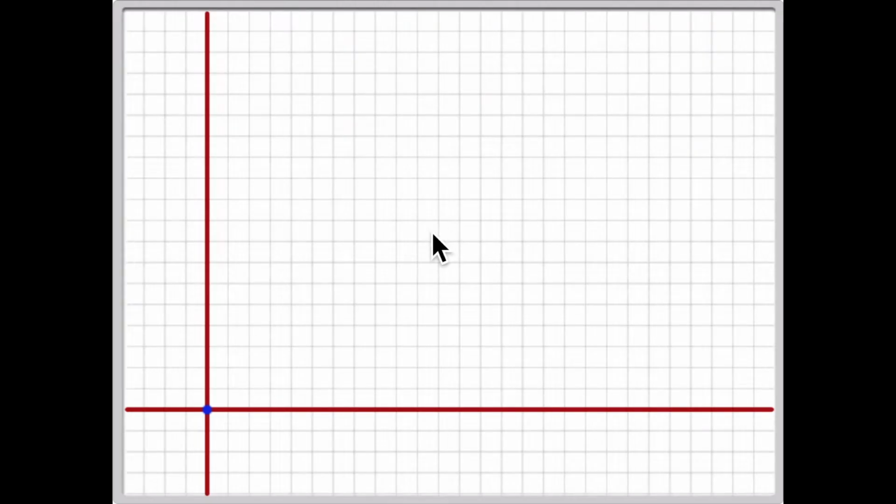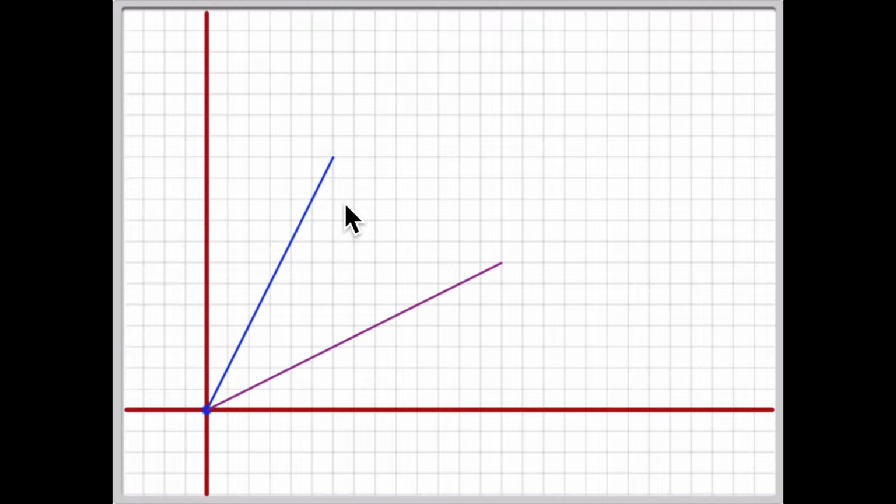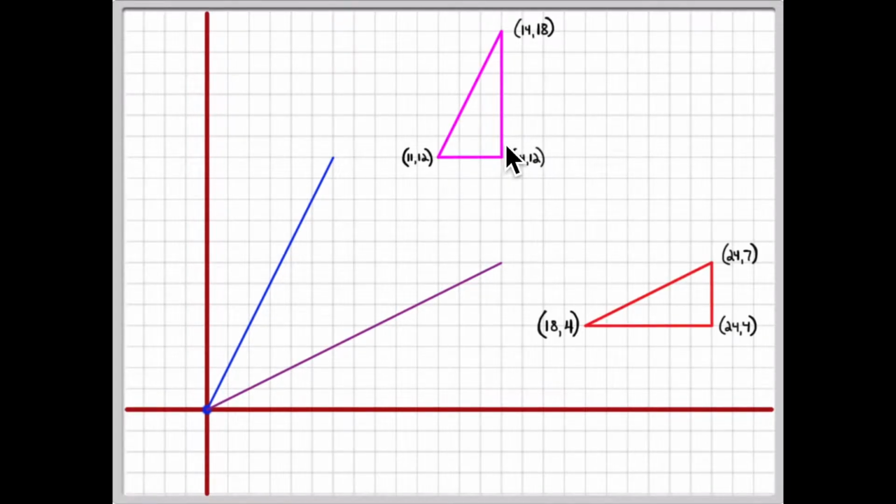So here's a coordinate grid on which I drew two lines that define proportional relationships. Then I added two triangles, and each of these triangles matches one of these lines. So this triangle right here matches this line in that its hypotenuse lies on a line that is parallel to this line that identifies a proportional relationship.